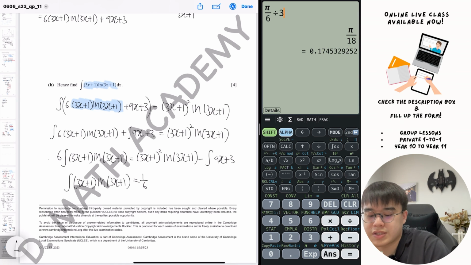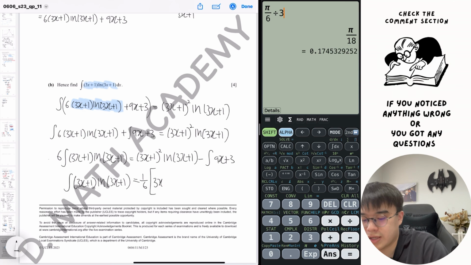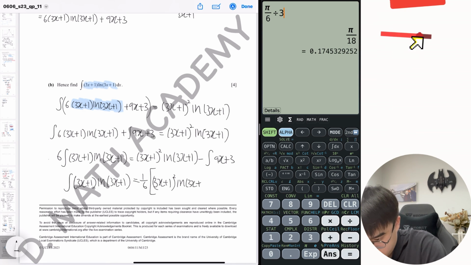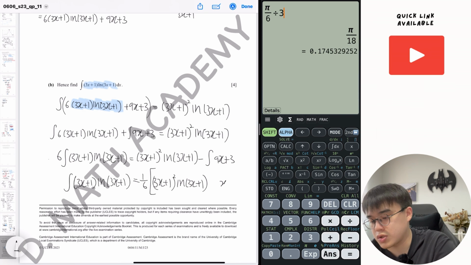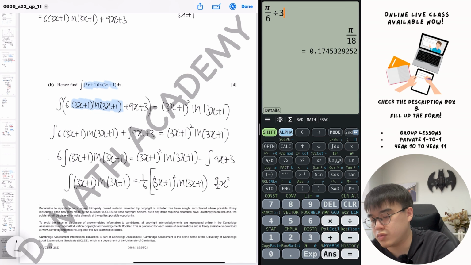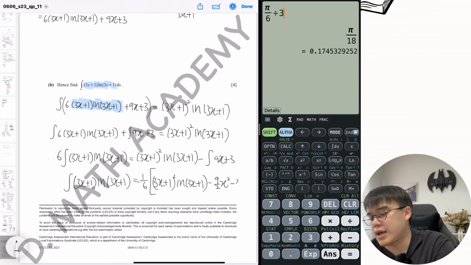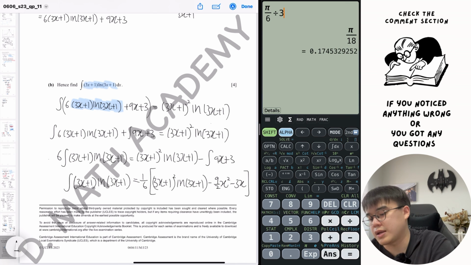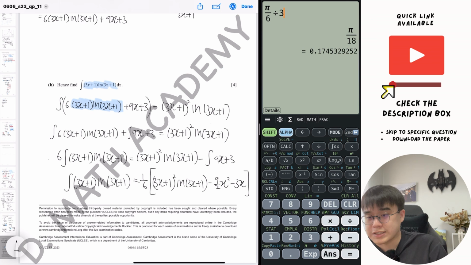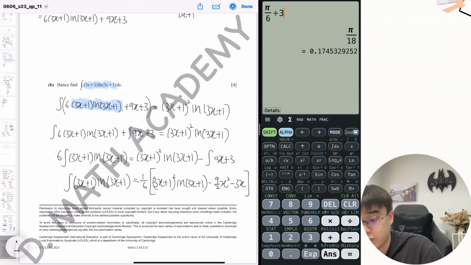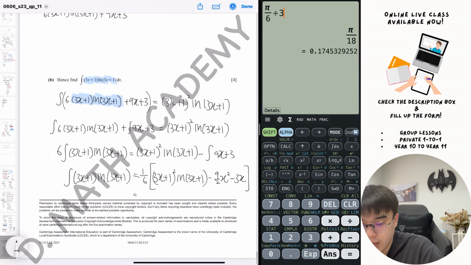So there's a 1 over 6 in front of the whole findings that you have at the back. So our 9x will turn into 9 over 2 x squared. And then another negative 3x. And that will be it for our final answer. Okay, if you decided to multiply the 1 over 6 into each and every one of them, you can.